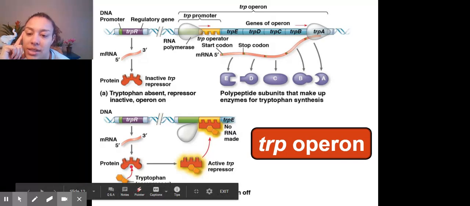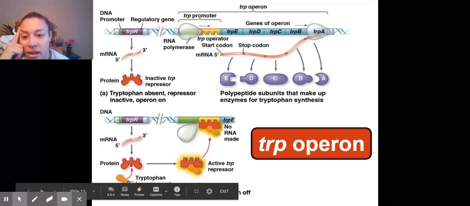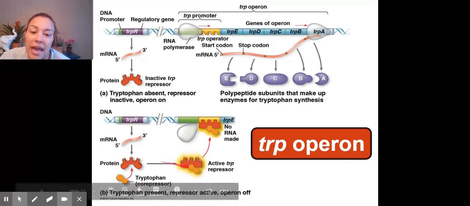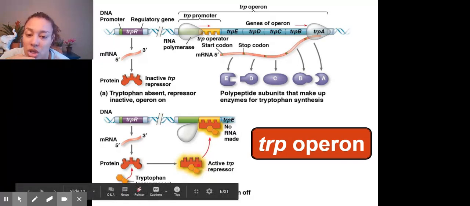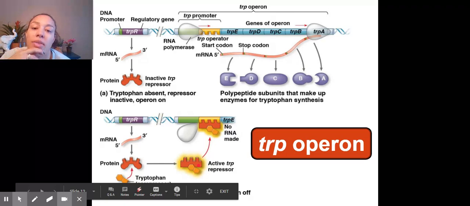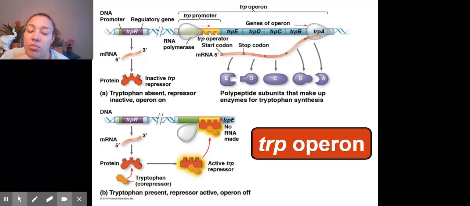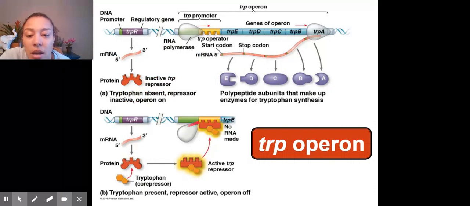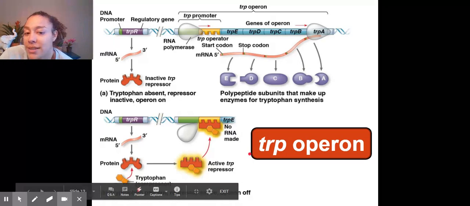So it's going to attach to this allosteric site of the inactive repressor, which will then cause it to activate and change shapes. And then it can shut down the process of tryptophan synthesis. Oops, sorry about that. So that no more tryptophan is made because we have a crazy amount of it present.